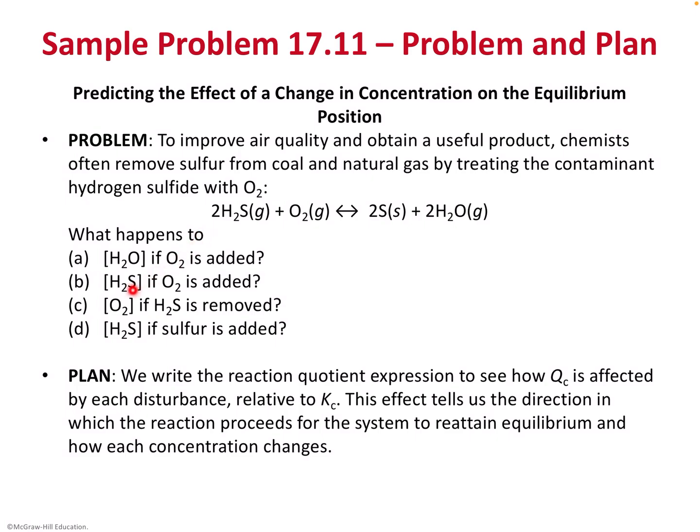And similarly H2S. What happened to H2S if oxygen is added? Again, when you add oxygen, you are adding one of the reactants. So what's going to happen to the equilibrium position? Oxygen is a reactant.